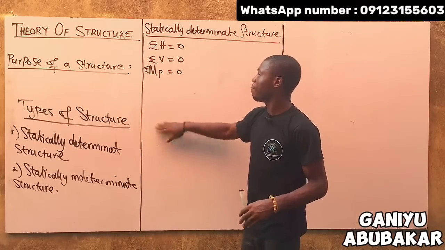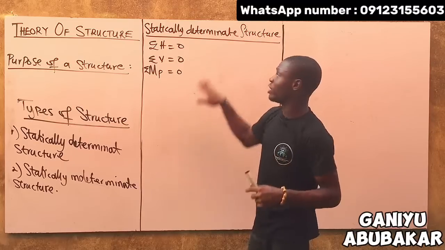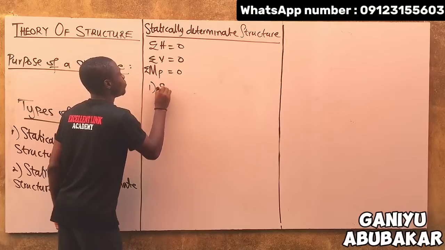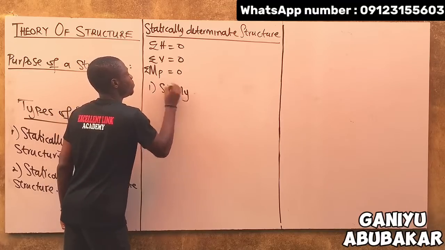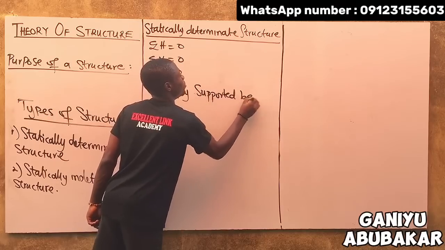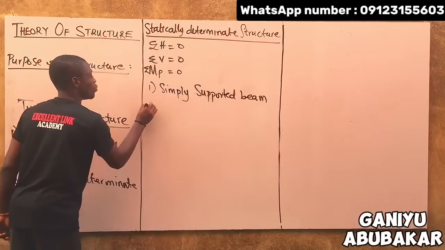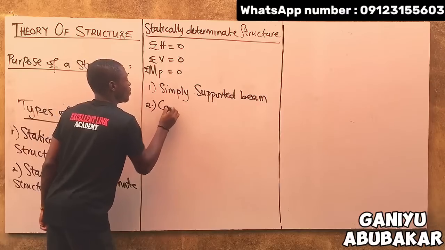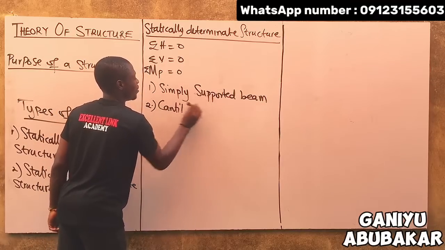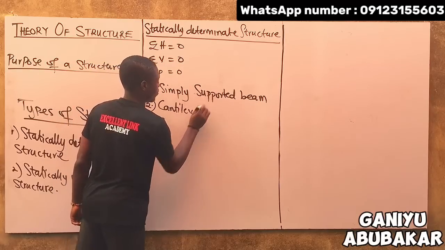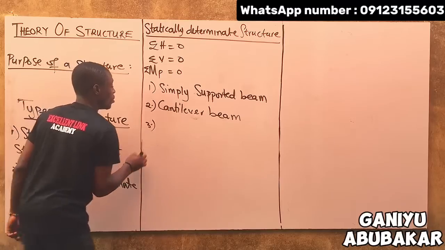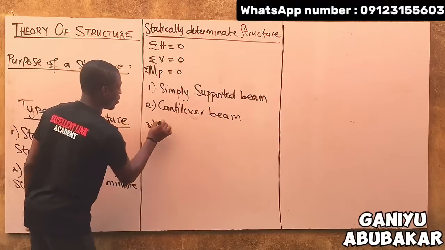Note something here. The beams that work for this kind of structure are, number one, the simply supported beam, number two, the cantilever beam, and three, the overhanging beam.